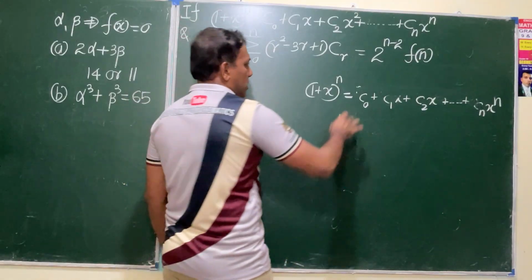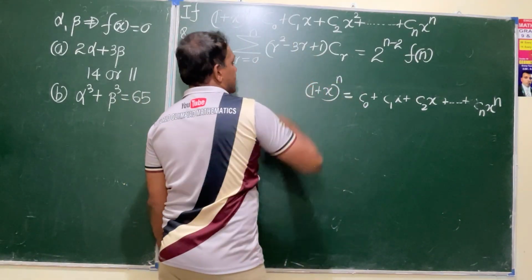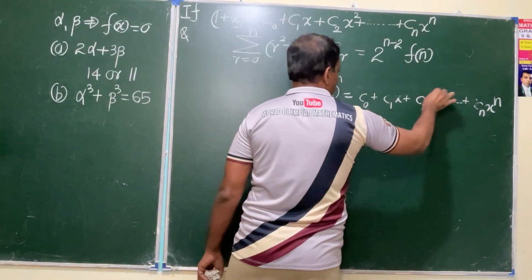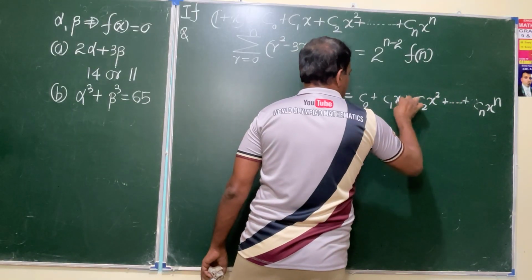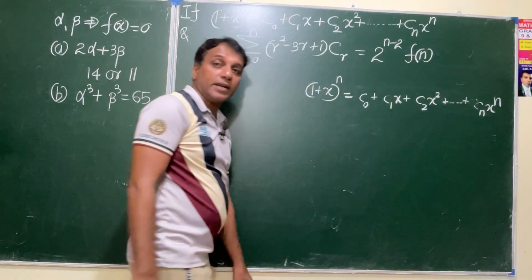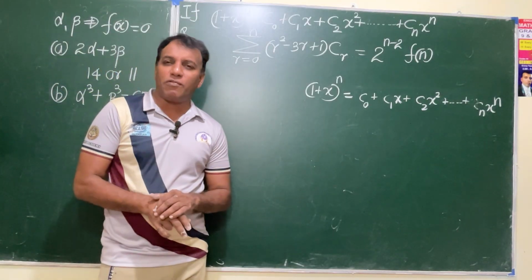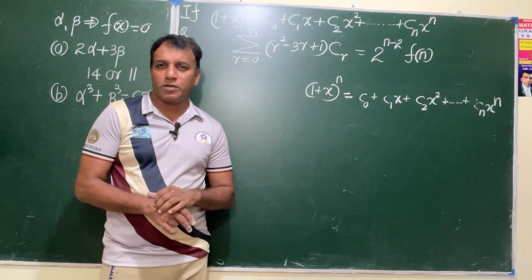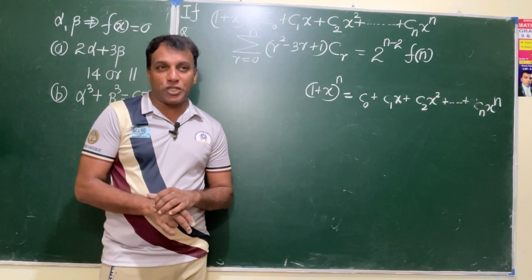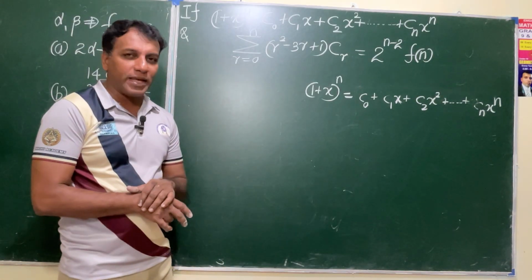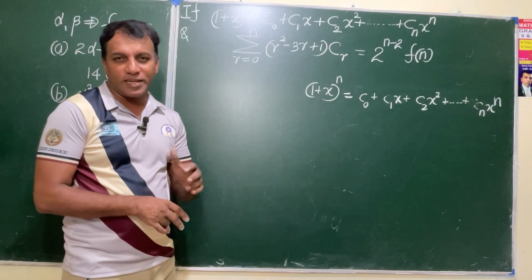Various patterns: as given here, C0, C1 x plus C2 x squared, the power increasing, finally Cn x to the power n, right? Now we refer to some properties of this binomial expansion. There are many proofs if you refer to our theory class notebook.